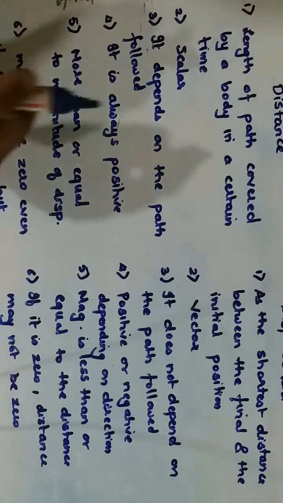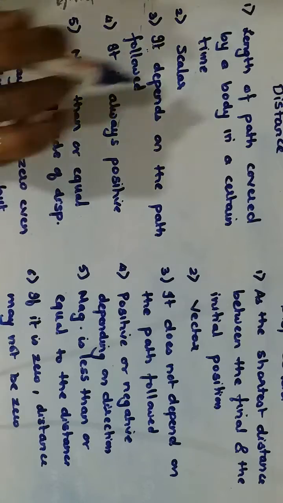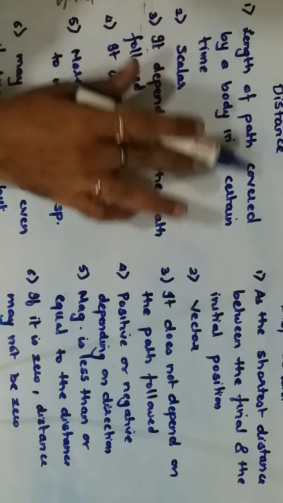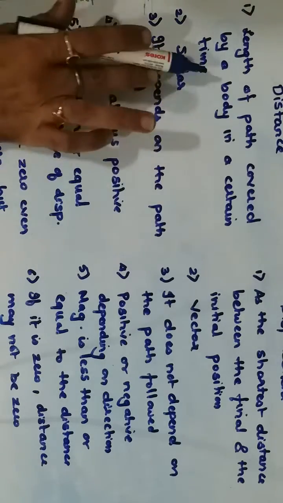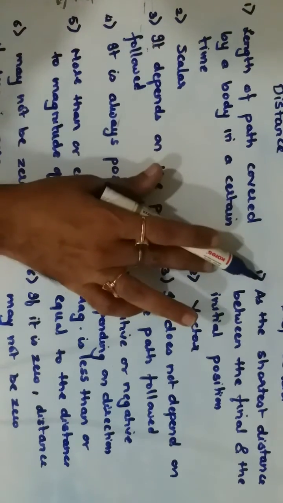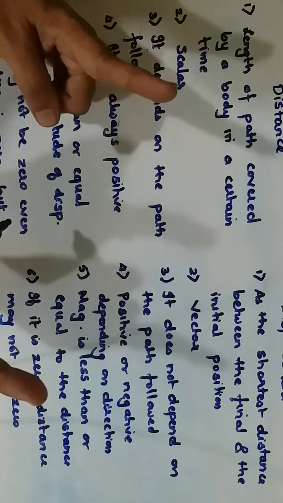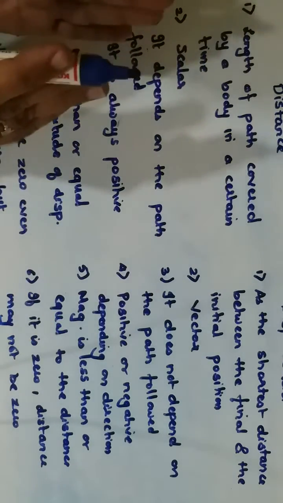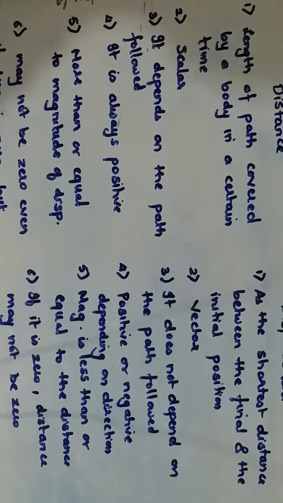So we just revise what we have differentiated: the distance and the displacement. I said the definition, it is the length of the path covered by a body in a certain time interval. But in case of displacement, it is the shortest distance between the final and the initial position of the object.